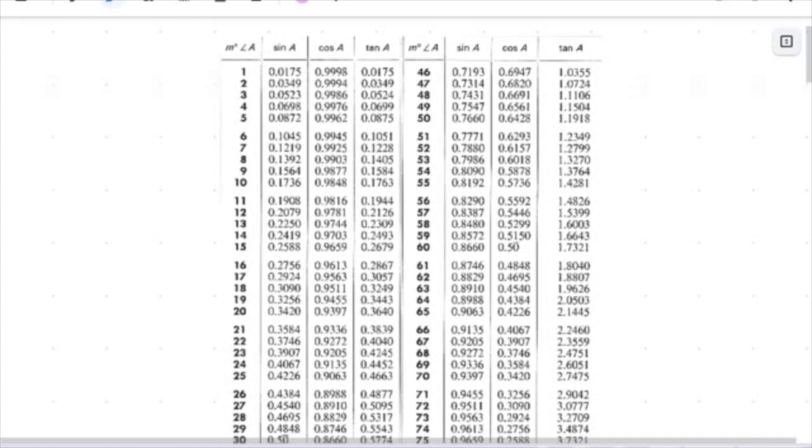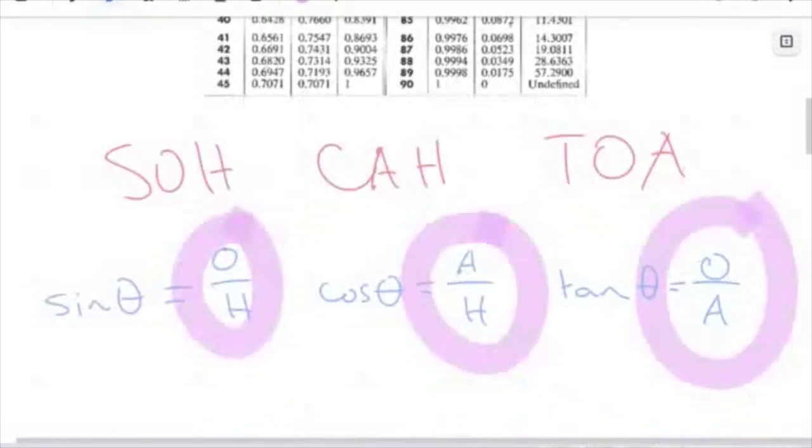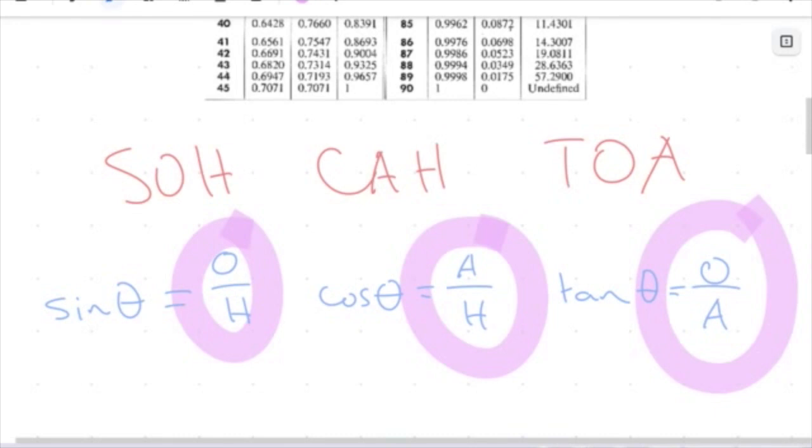We could just do trig as we need to. But hopefully by the end of this video, I'm going to be using this table to give you an idea for how SOHCAHTOA, what we introduced in the last series, actually works and why the values it comes out with make sense.